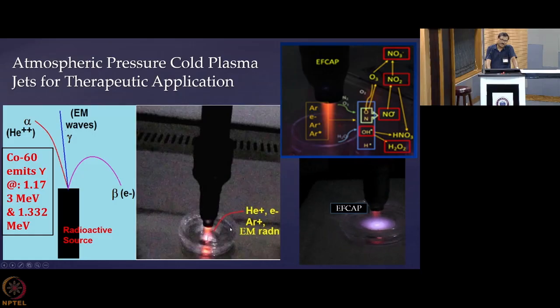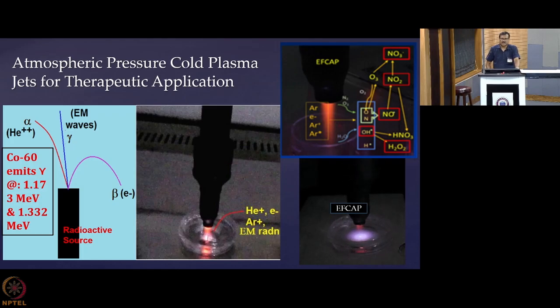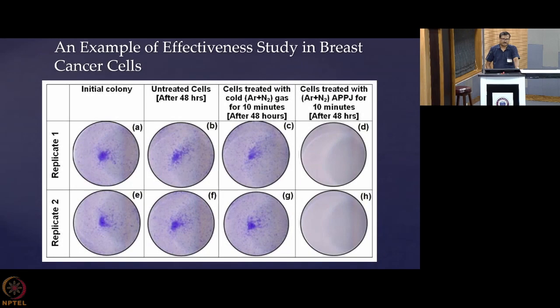So the method, mechanism, and effectiveness will definitely vary, but we are able to produce similar nuclei in cold plasma as they are in nuclear radiation. Only the energy ranges are different, and the way they work on different applications I have already told you.